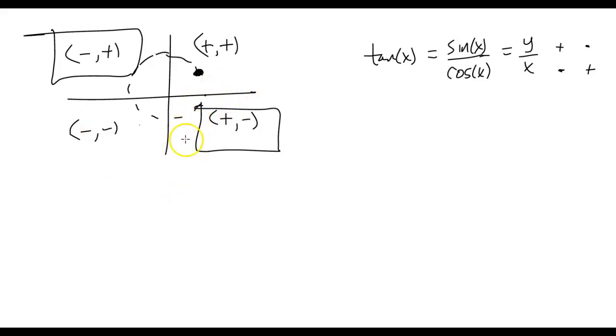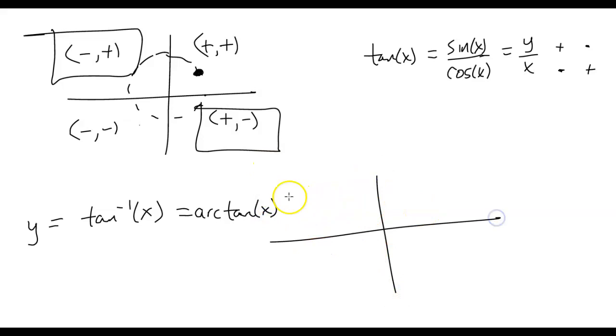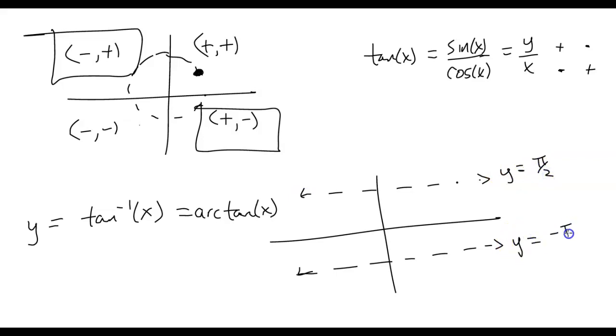If we think about the tangent inverse function, which is also known as arctan, notice that the graph of arctangent looks like this. We have these horizontal asymptotes at y equals pi over 2 and y equals negative pi over 2. And our actual graph here looks like this.